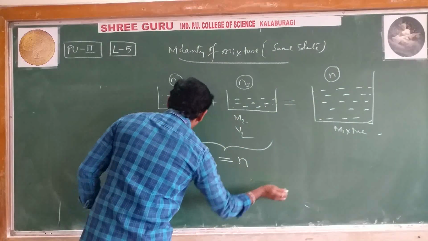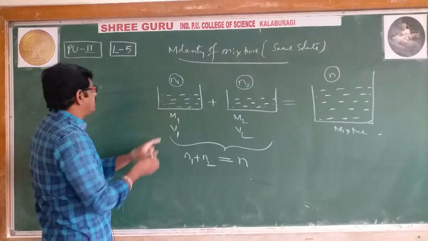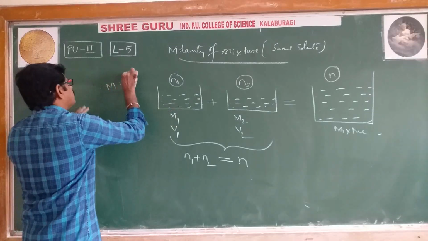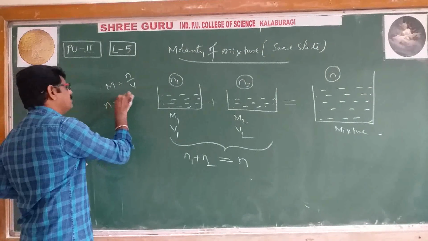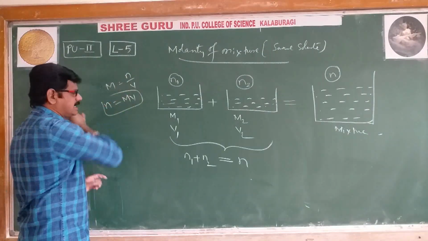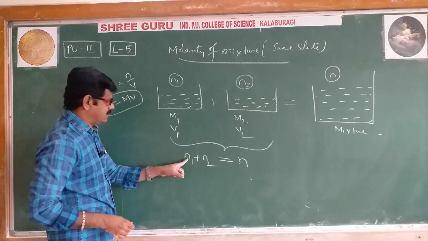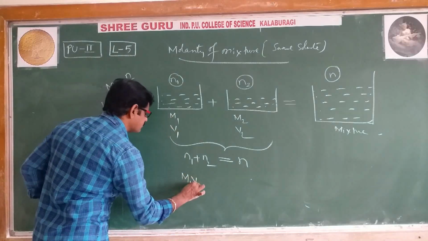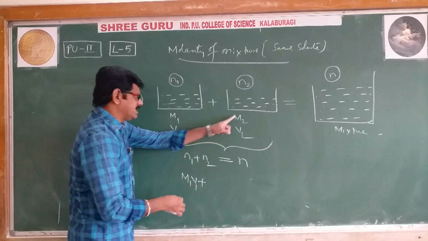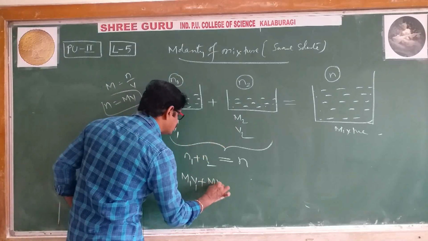Right. Now, the moles formula is already known to you: molarity is equal to number of moles per volume, so N is nothing but MV. In place of N1, I'll write M1 V1, and in place of N2, I'll write M2 V2.